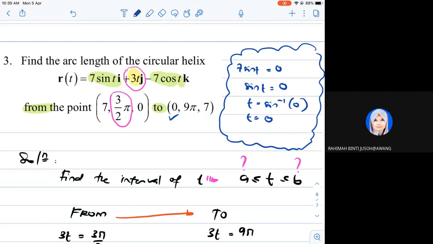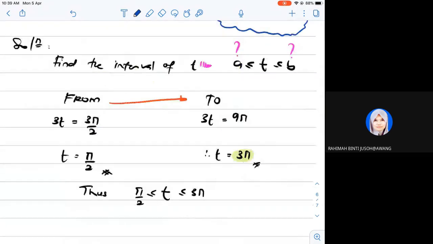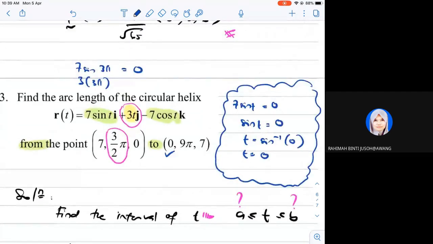Dapat berapa? 7 sin 3 pi. 0 lah kan? Did you get 0? Dapat. Dapat kan? Okay, lepas tu kalau you ganti 3 darab 3 pi, sebab kita gantikan t tu sama dengan 3 pi tadi kan? Kita nak test betul ke tak? So you dapatlah 9 pi kan? Betul tak? Yang ni betul.